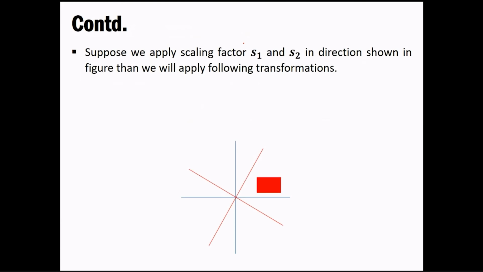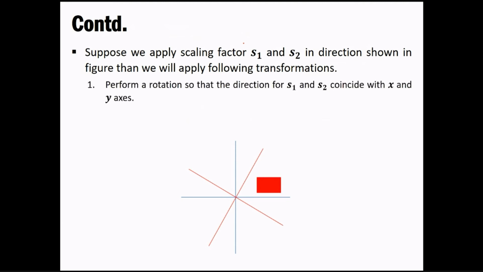Okay, so what it says is, suppose we apply scaling factors s1 and s2 in the direction shown in the figure, and we apply the following transformation. Over here we perform a rotation so that the directions for s1 and s2 coincide with the x and y directions.